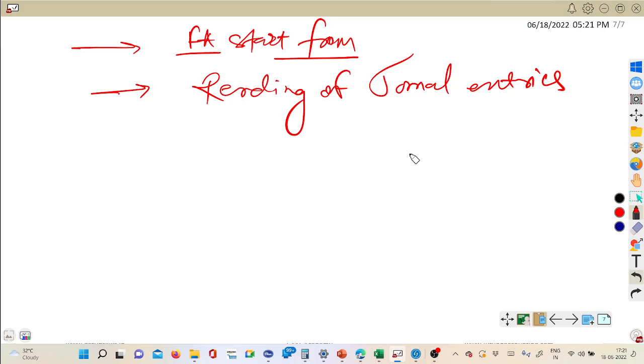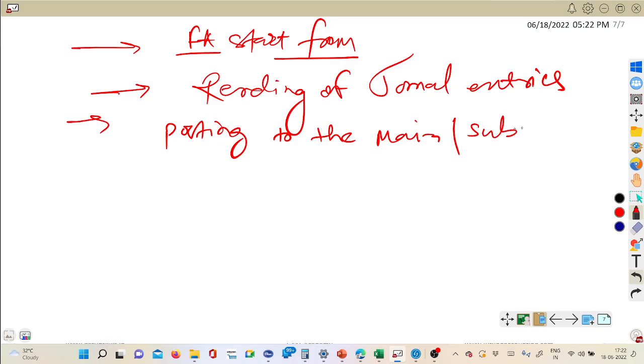Then in FA, accounting means fund accounting process, where you can see the steps required: recording of journal entries, right? Then posting to the main ledger and sub ledger.